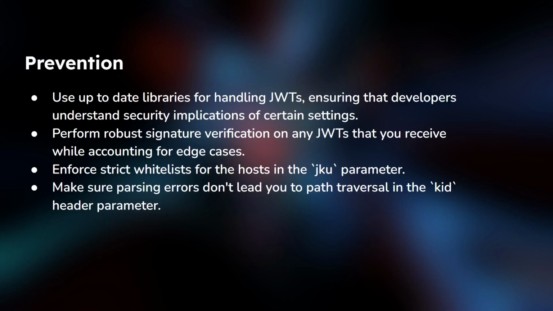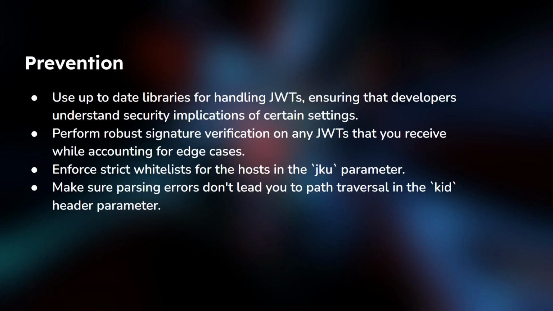All right. As far as prevention goes, you can protect your applications from most of these attacks by following just a handful of high-level steps. So first is try to use up-to-date libraries when you're handling JWTs. Make sure that your developers understand what they're doing and what all the functions mean and what implications for security those decisions actually have. Make sure that you're verifying signatures.